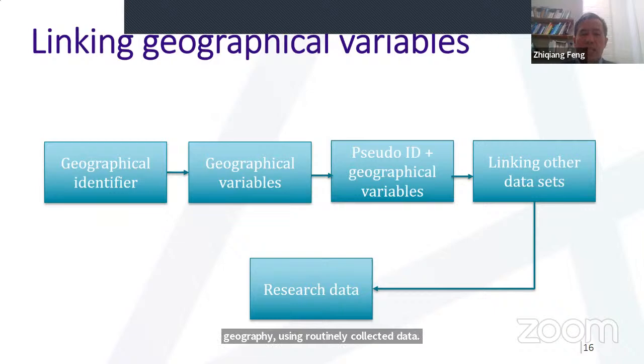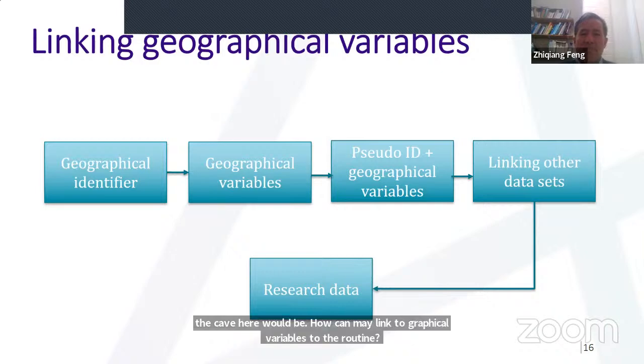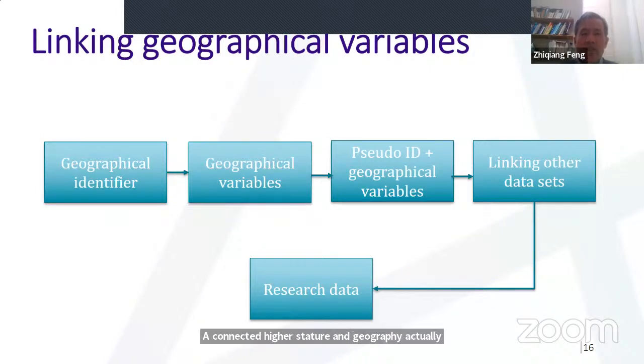So the key here would be how we can link geographical variables to the routinely collected health data. And geography actually is one of the most disclosive variables because if you know somebody's address, you can immediately identify somebody. So we have to make sure geographical identifiers are manipulated or deleted from the final database.